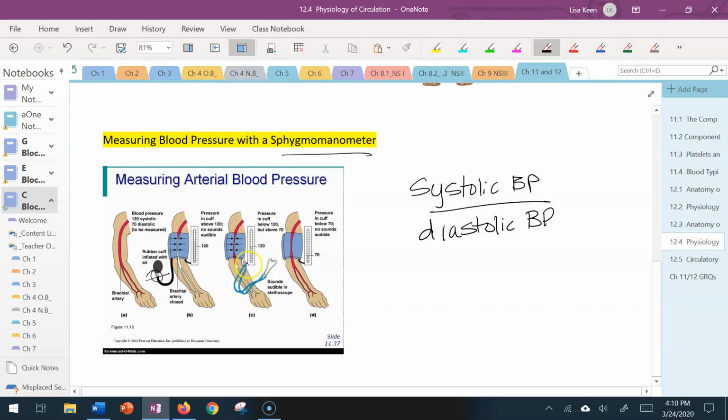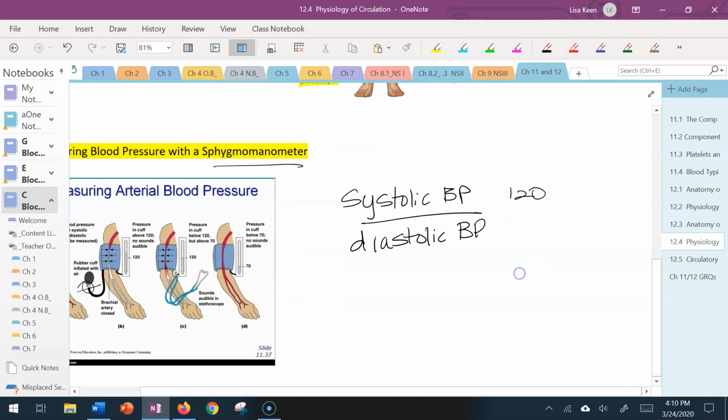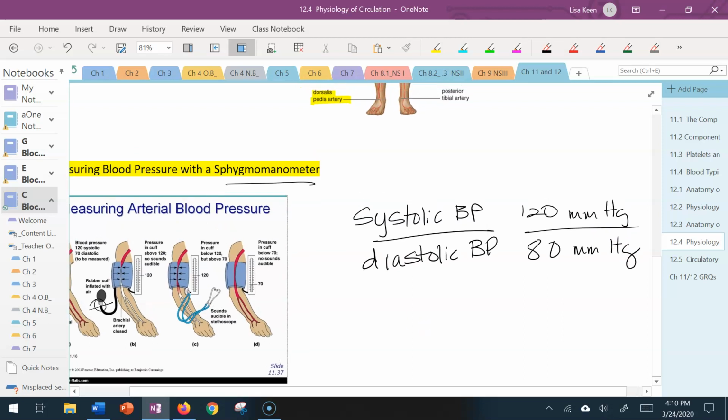And on a device, a normal, healthy systolic blood pressure would be about 120 millimeters of mercury over 80 millimeters of mercury. And the diastolic pressure then is the artery at rest because the left ventricle is at rest.